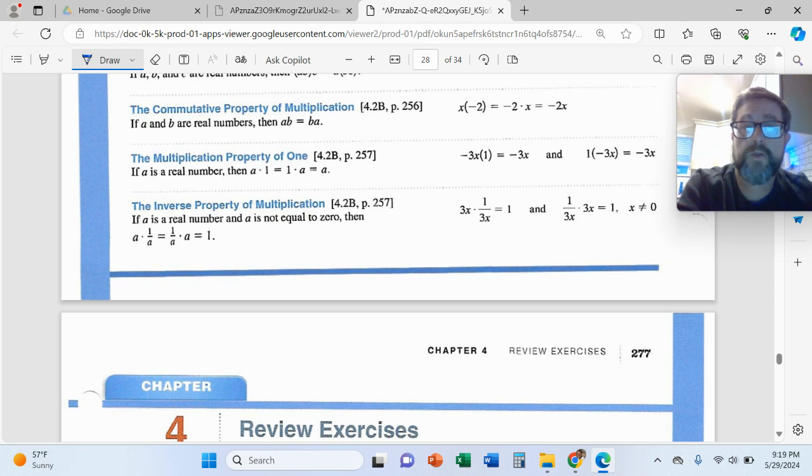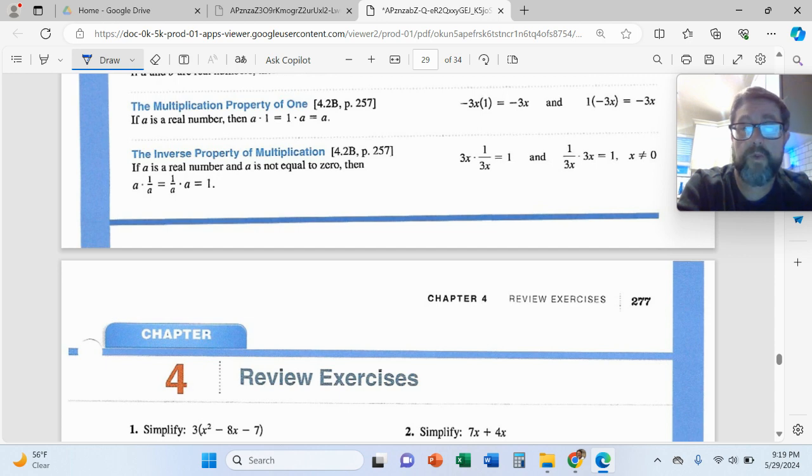The multiplication property of 1: any number times 1 is going to be the same number. So if you only have something one time, that's all you're going to have. The inverse property of multiplication, we went over that in the one above. A times 1 over A equals 1.